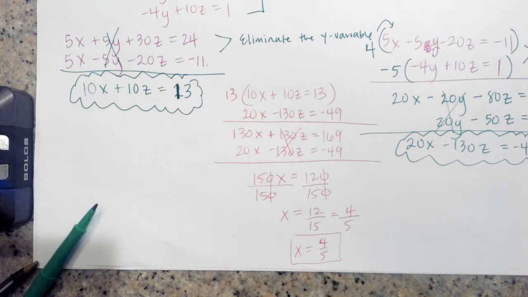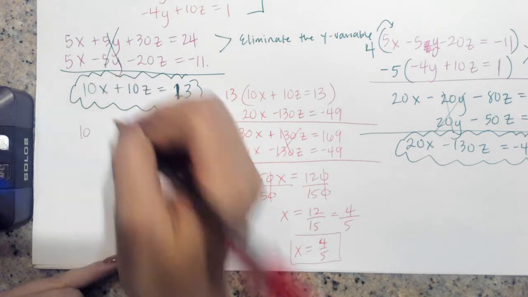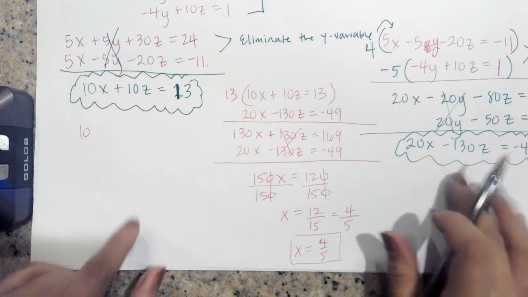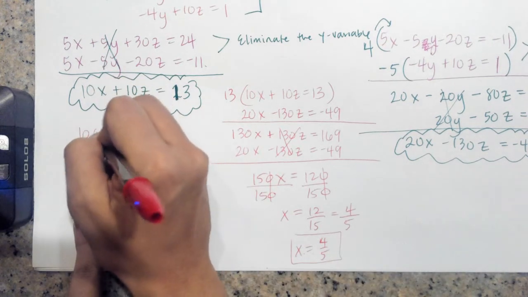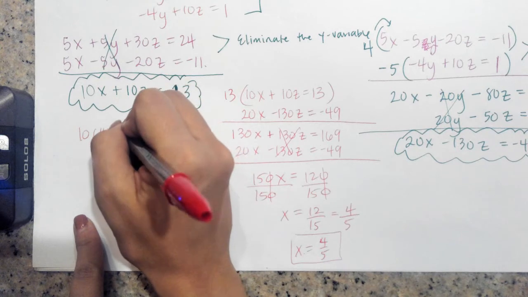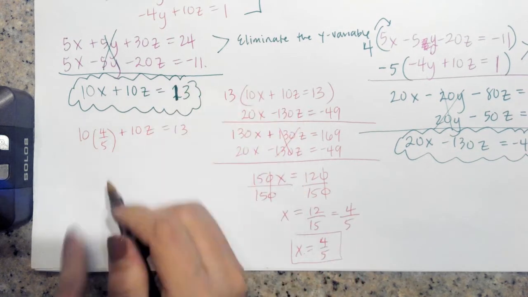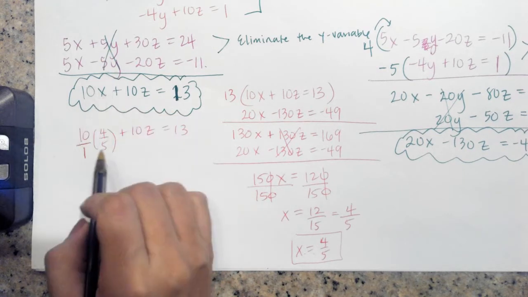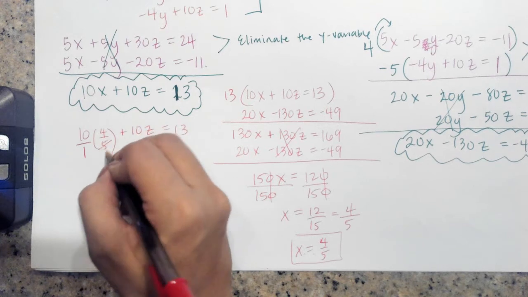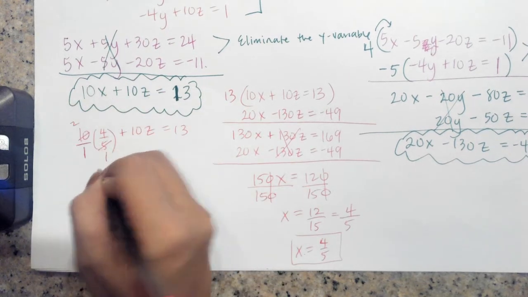Alright, so now that I have that, I'm going to go backwards. So I'm going to go up here, and then I'm going to plug these into one of the bubble equations. I'm going to do the one on the left. So I have 10 times 4/5 plus 10z equals 13. Alright, watch. I'm going to cross cancel, and you can only do this when you multiply. 5 goes into 5 once, 5 goes into 10 twice. So 4 times 2 is 8.